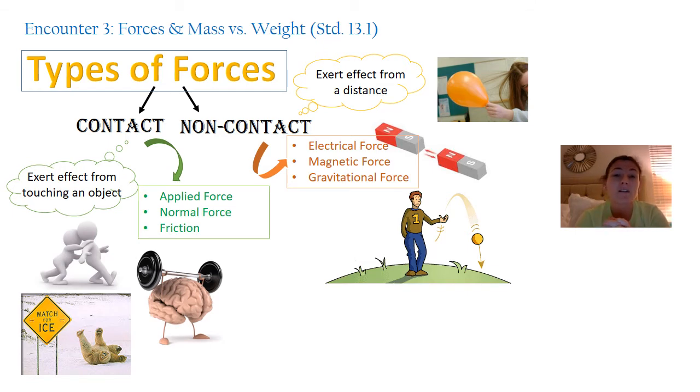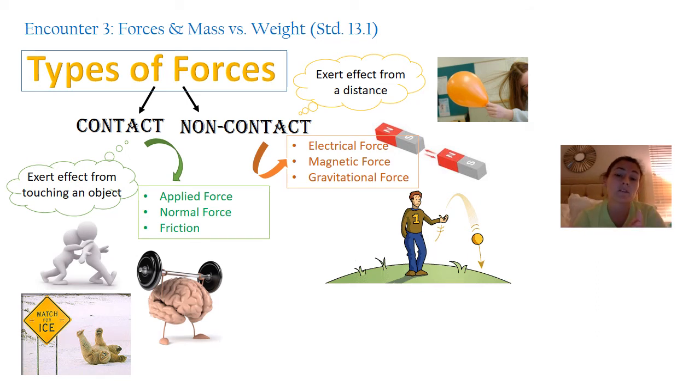For example, on a cold day when there's not a lot of humidity or H2O in the air, you are capable of shocking a friend when you touch them with that small electric current. Same thing in our picture right there. When you rub the balloon, you're creating friction in a way. That's a contact force. But from a distance, that's actually an electrical charge between the hair and the balloon.